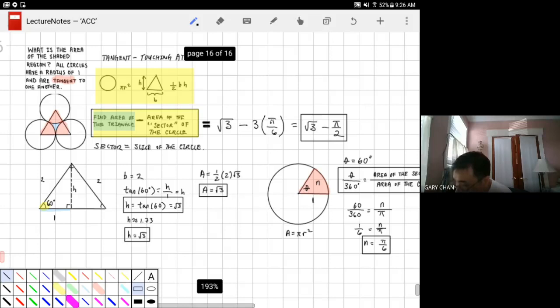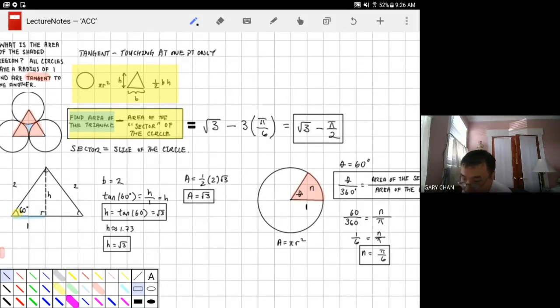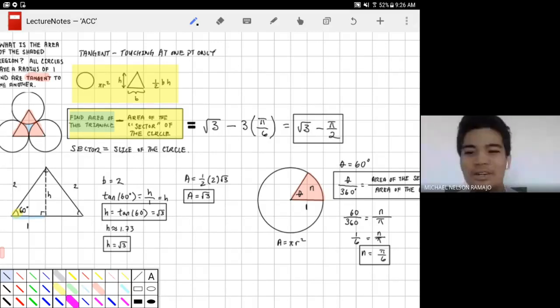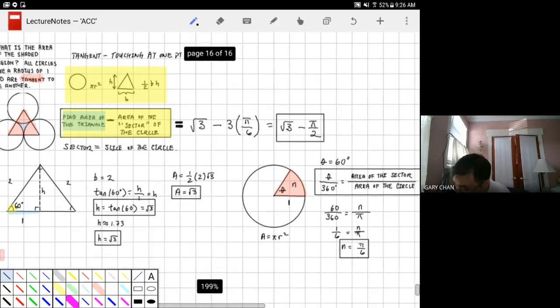It's radical 3 minus pi over 2. So that is an exact answer. There's no approximating there whatsoever. Your final answer for that shaded region, is that a rational number or an irrational number? Irrational number.